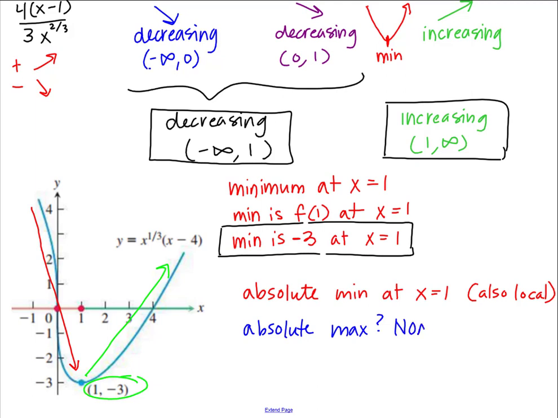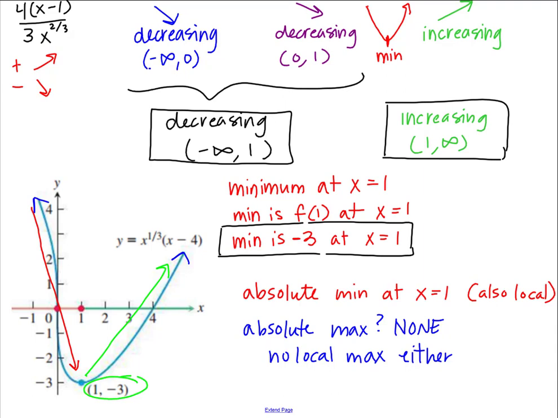And because the graph is extending up to positive infinity on the left and right forever, there is no absolute max. There's no local max either. Okay, so that 1 point, 1, negative 3, that is the minimum value. It's the absolute minimum and the local minimum. And then there is no absolute max or local max in this situation.